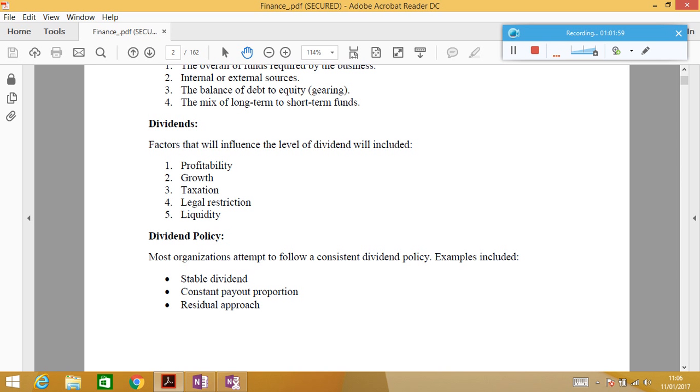Because they will do the budget until it becomes zero. Then they will say, all the budget is fulfilled, no more money to spend. Normally they will use that approach. If you have a balance, do you think you want to pay dividends? No.